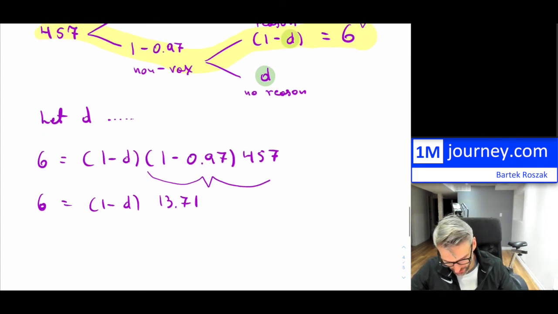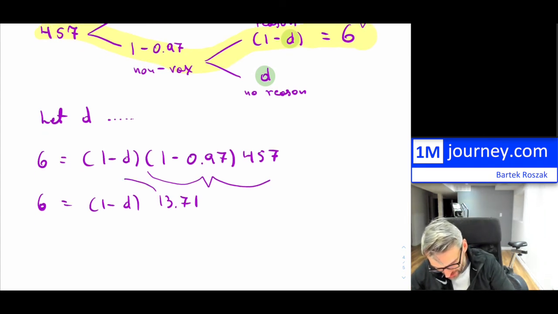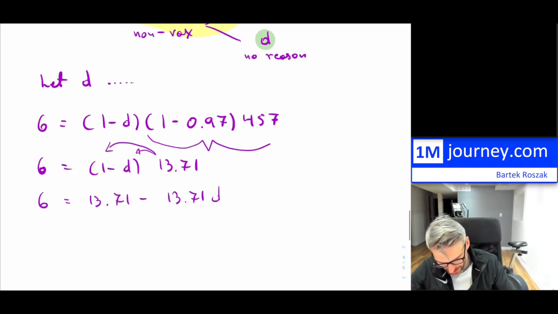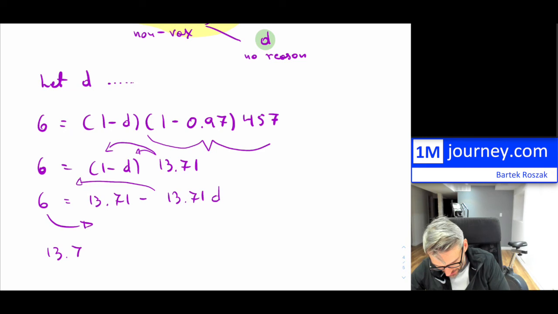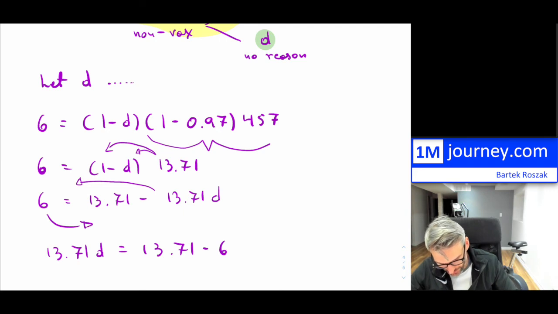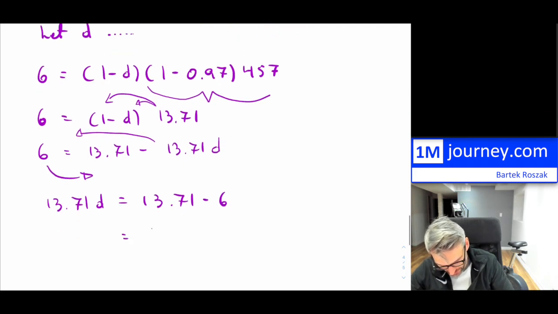Okay, so from here, I'm going to bring this inside of the bracket, so just distribute it through. So 13.71 minus 13.71D equals 6. Now I'm going to switch the sides. Let me move this over to this side and this to this side, and I'm just solving for that D. And so finally it's going to be 7.71.